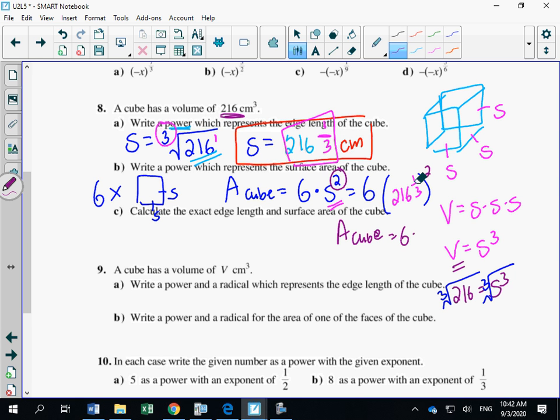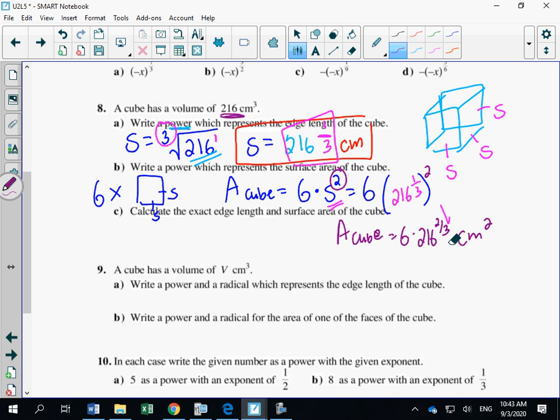When you multiply a third times 2, and make sure 1/3 is in a bracket, you're going to get 2/3. So 216 to the 2/3. Because we're dealing with area, the units for area, if it's centimeters, would be centimeters squared. And then C is just simply calculating that on your calculator.